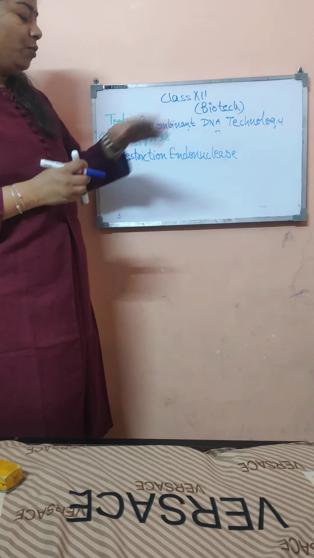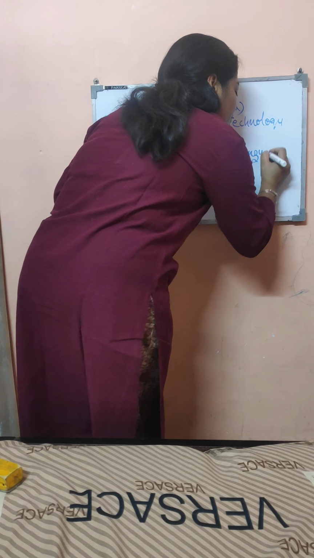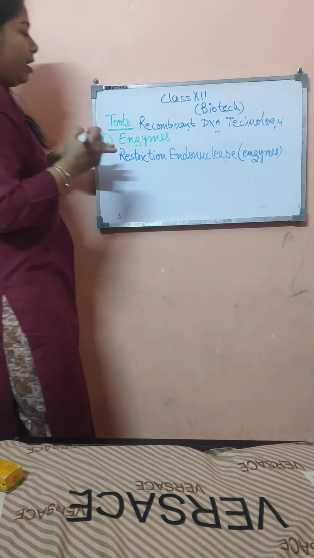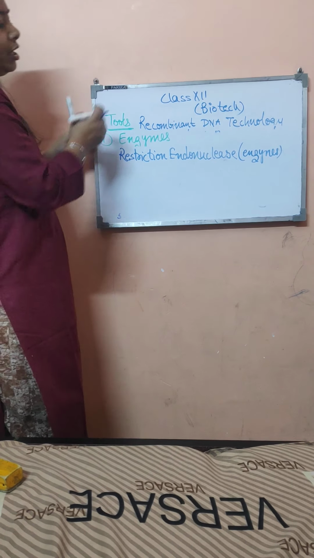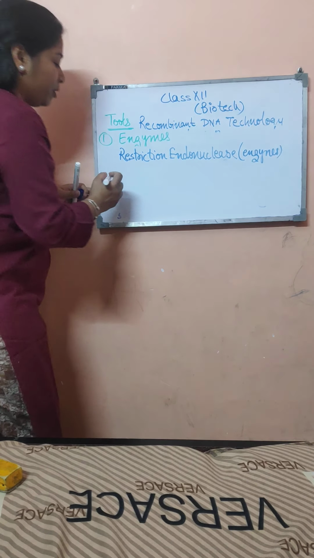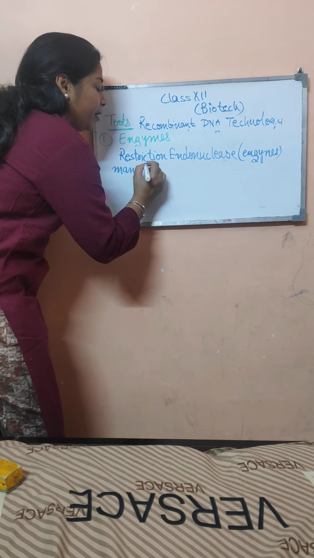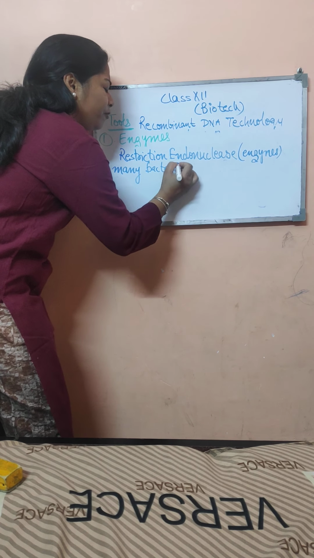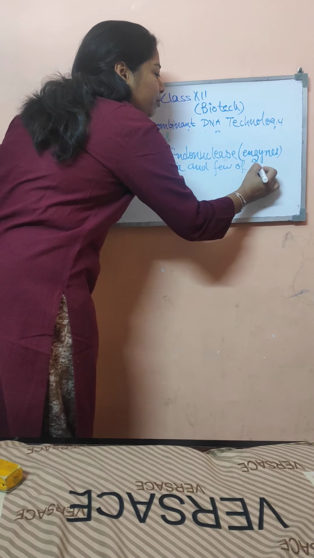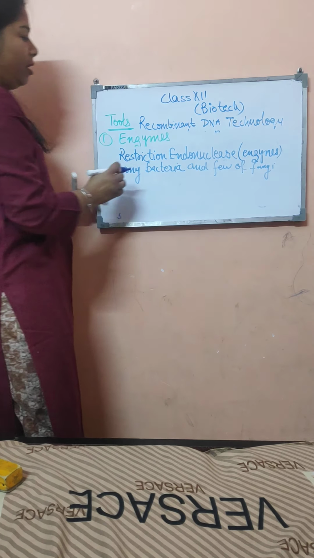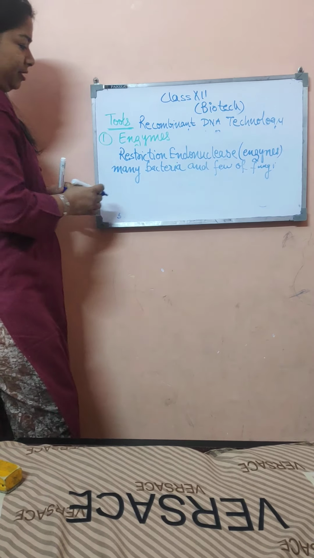Actually, restriction endonucleases are enzymes. These restriction endonucleases, which are the basic enzymes for the recombinant technology, are found in many bacteria, and in a few fungi also. Why are they present in the bacteria?